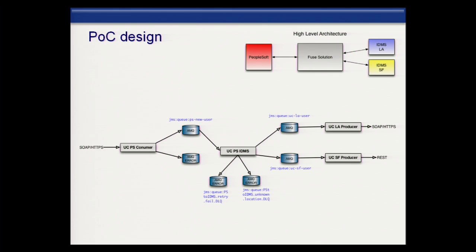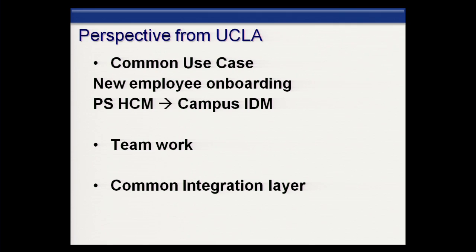And the other thing I want to highlight was the common integration layer that we came up with. As I said, we picked a UCPath IDM real-time interface as a use case. The IDM systems at the different campuses had different infrastructure, using different technology, using open source as well as vendor products.